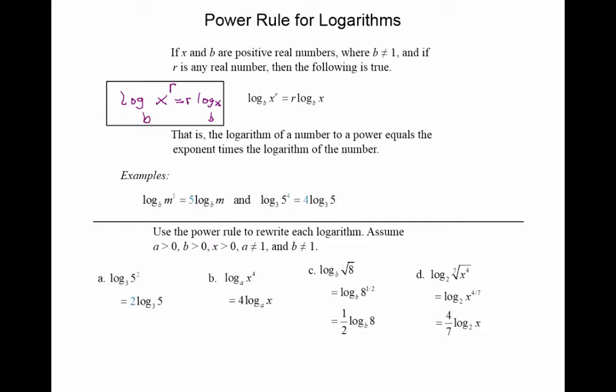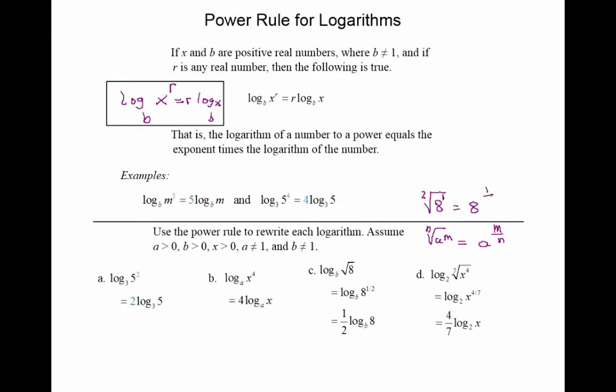Log of square root of 8. What's square root of 8? You can write it as an exponential. Remember that the nth root of a to the power of m is the same as a to the power of m over n. So radical 8, the exponent here is 1. When we don't write anything here, that means it's the square root.